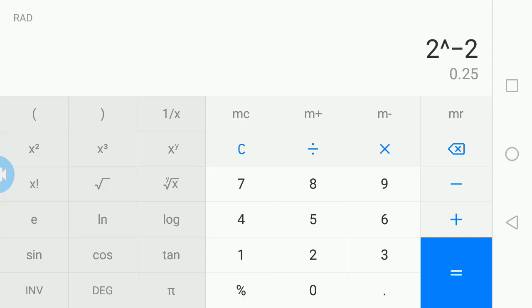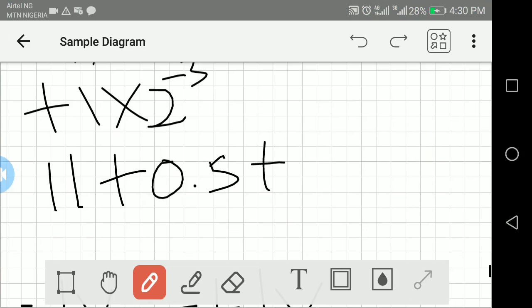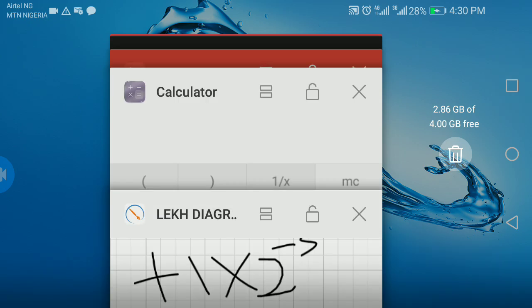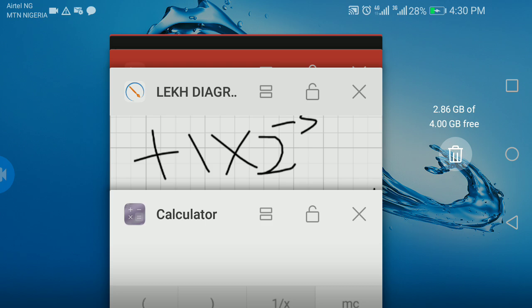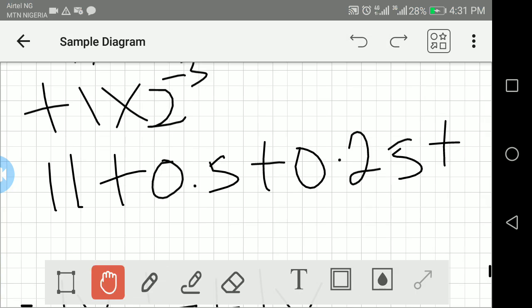The answer is 0.25. So 0.25 plus. Okay, next one. 2 raised to the power of -3. That is 0.125.